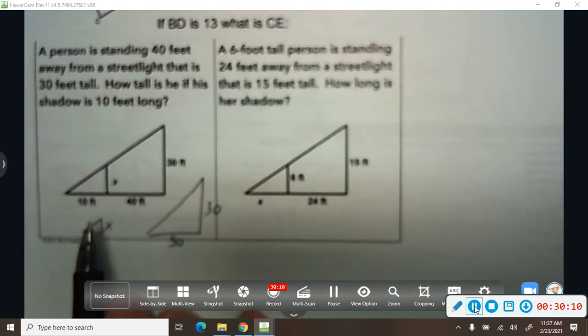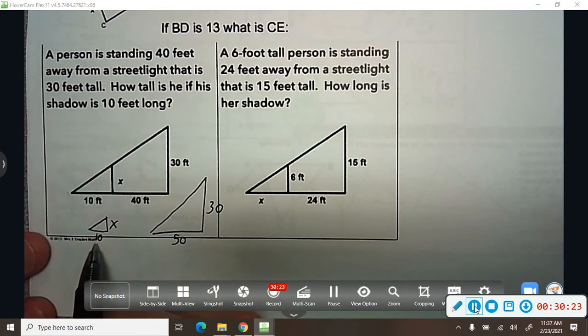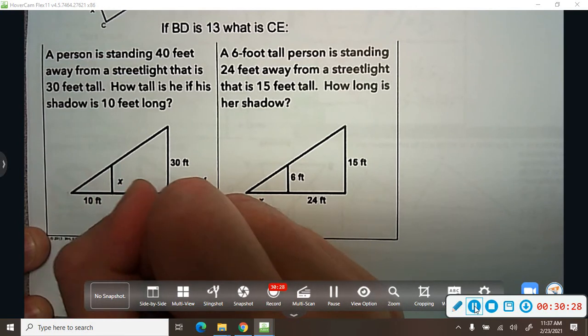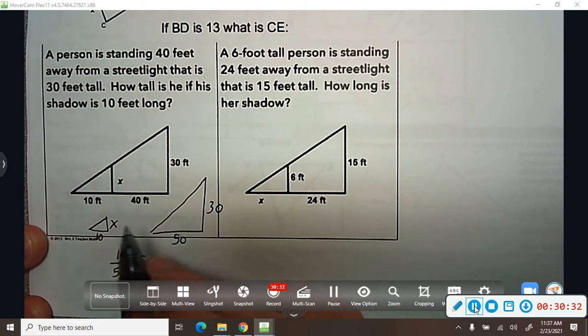And I can look at this and tell the answer because 10 times 5 is 50. So I'm going to take 30 divided by 5 and I get x is 6. So I can do that in my head. But I'm going to go ahead and set up the proportion that 10 over 50 is equal to x over 30.